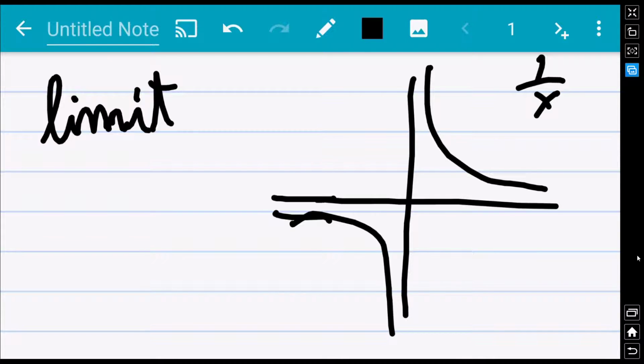So how do we know that? Well, we know that as x approaches 0 from the right, it's going to go up to infinity. How do I know that?